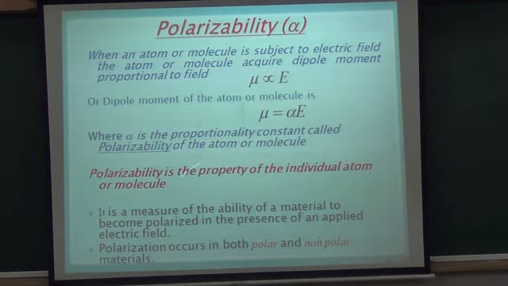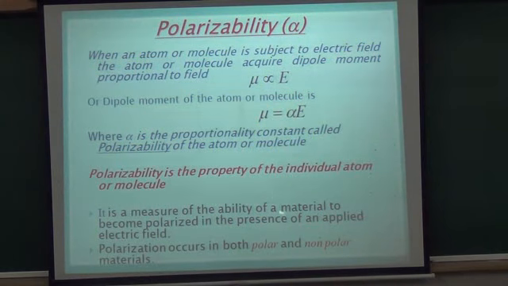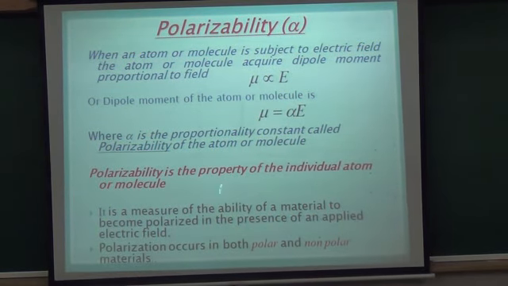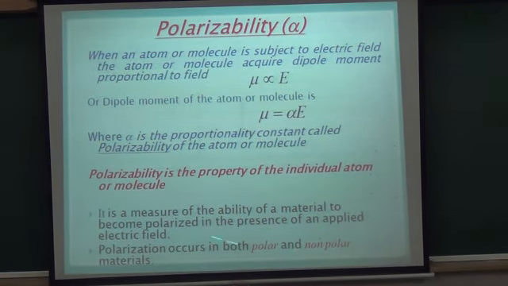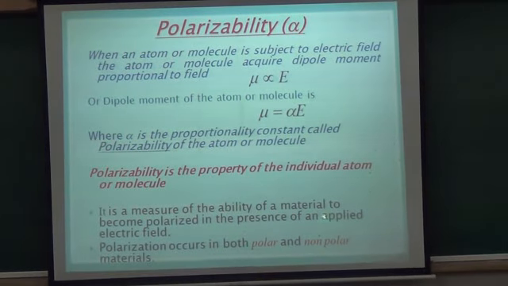Now this is the property of an individual atom. It measures how easily you can polarize that. Polarizability is the measurement of the ability of the material to get polarized in the presence of an external field.